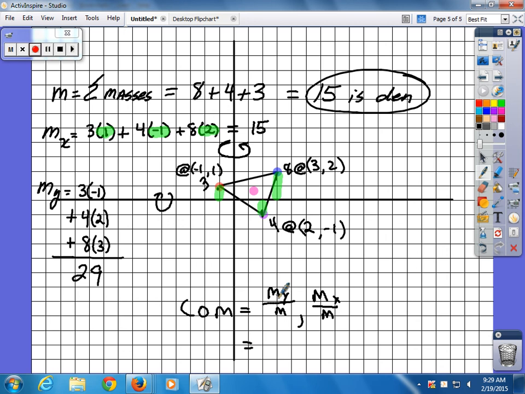The moment around the y-axis is 29 over 15, and 15 over 15. So that's going to be what? A little less than 2 and 1. So let's go 2 and 1. So there is our center of mass.